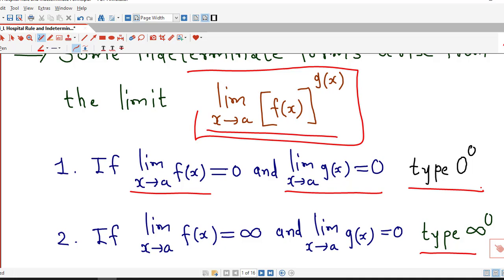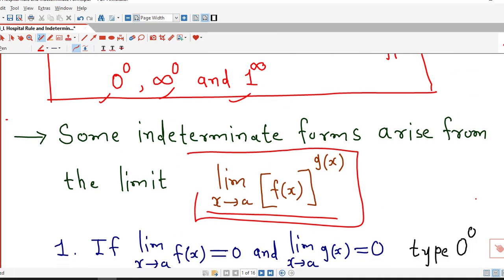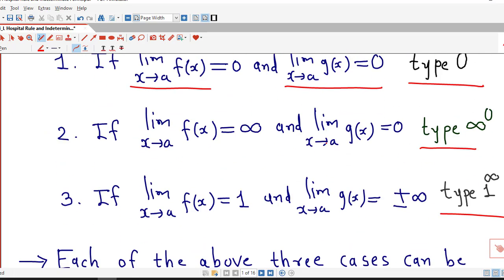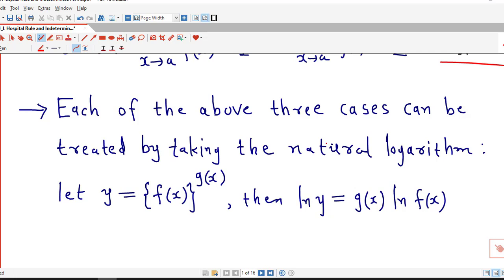For each of these 3 indeterminate forms, the method is common. We first assume that f(x) to the power g(x) is another function of x denoted by y, so we take f(x) to the power g(x) equal to y, and then we take logarithm on both sides.